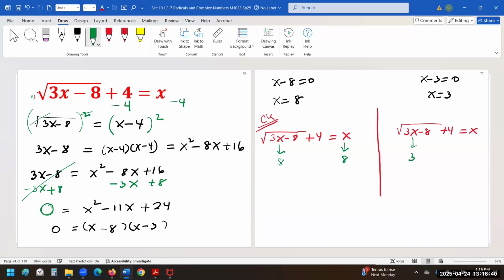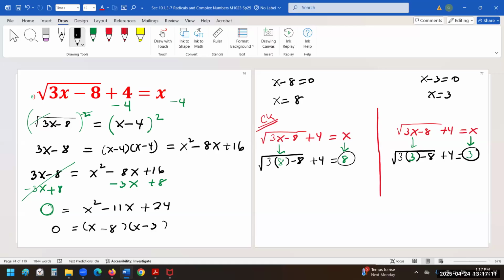Here our x is 3, so every x you see becomes 3. So 3 times 8 minus 8 under the radical. Outside it's plus 4. We want the answer to be 8. 3 times 3 minus 8 inside the radical. Outside plus 4, and we want the result to be 3.